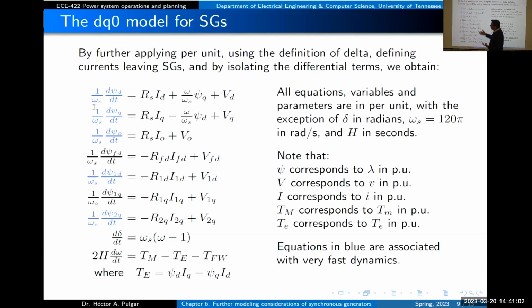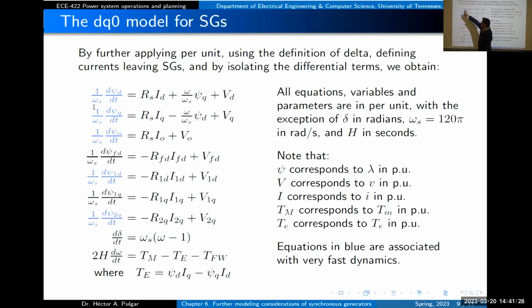If you look at this equation and the physical behavior of each of these equations, physical phenomena, we can observe that the dynamics related to this flux, DQ0, these are the transformed flux linkages of the phases A, B, and C. These are the flux linkages of the stator.